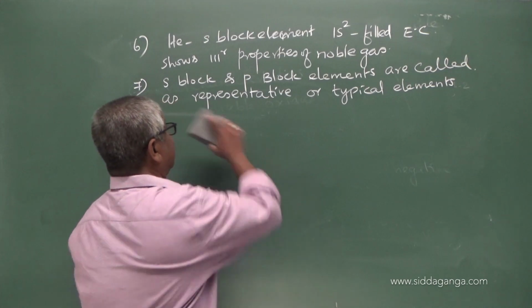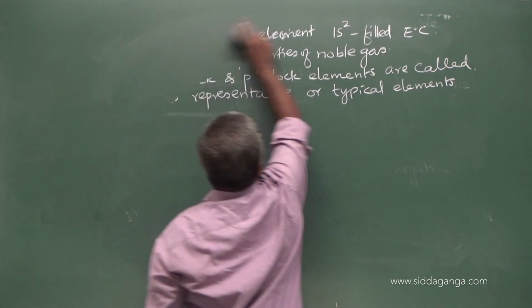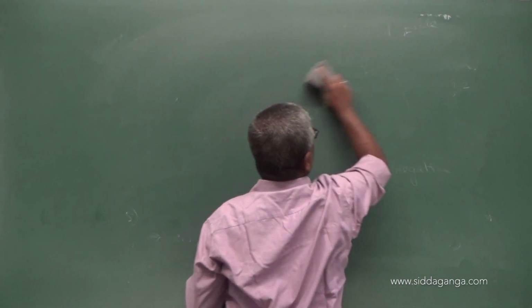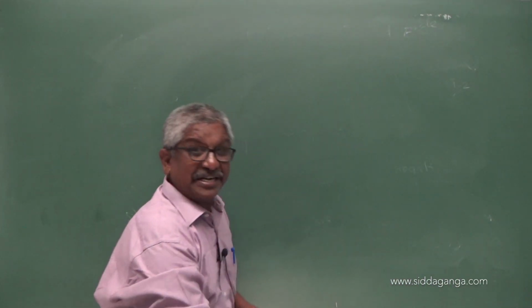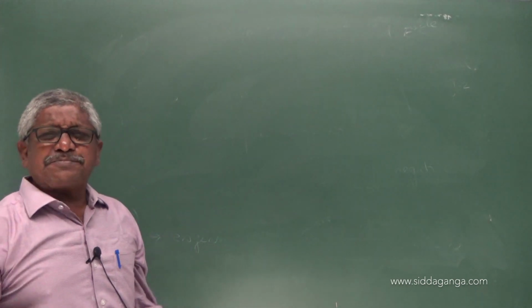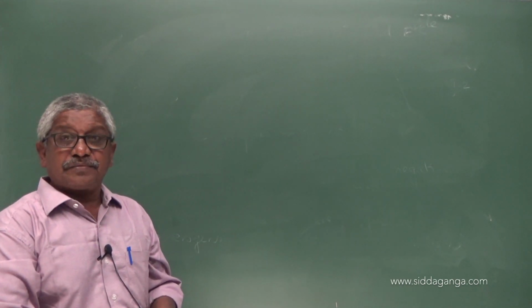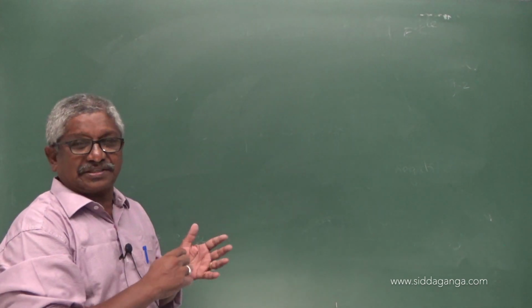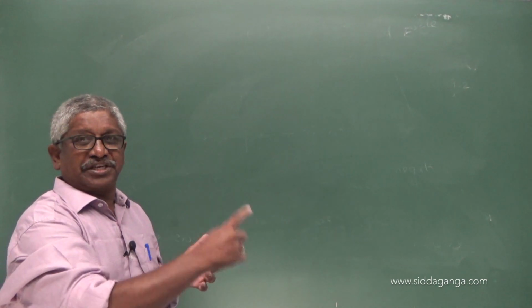Then next it is D block. D block is always filled in the penultimate orbital. What is penultimate orbital? Suppose an atom has 5 energy levels: 1, 2, 3, 4, 5.